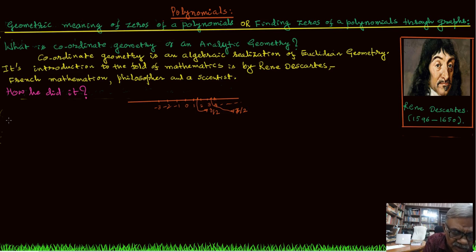Then what about an ordered pair, a pair like 3 and 5? How can we represent it?